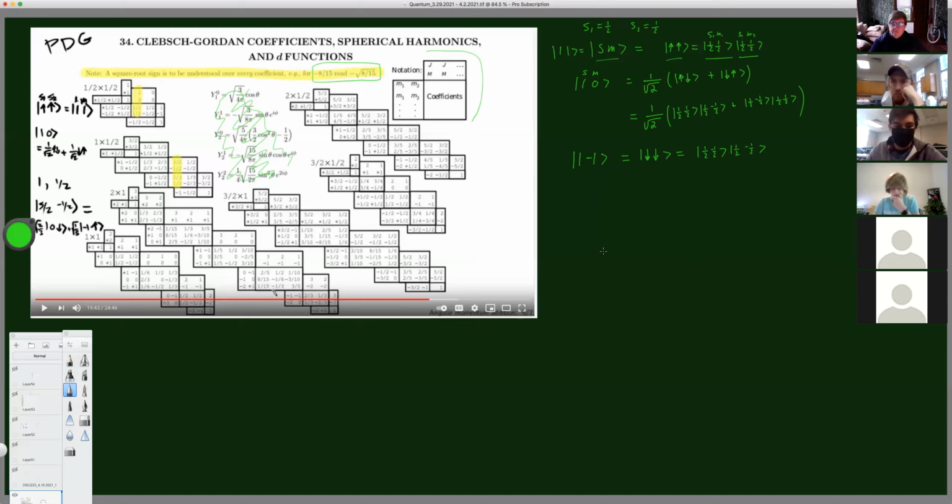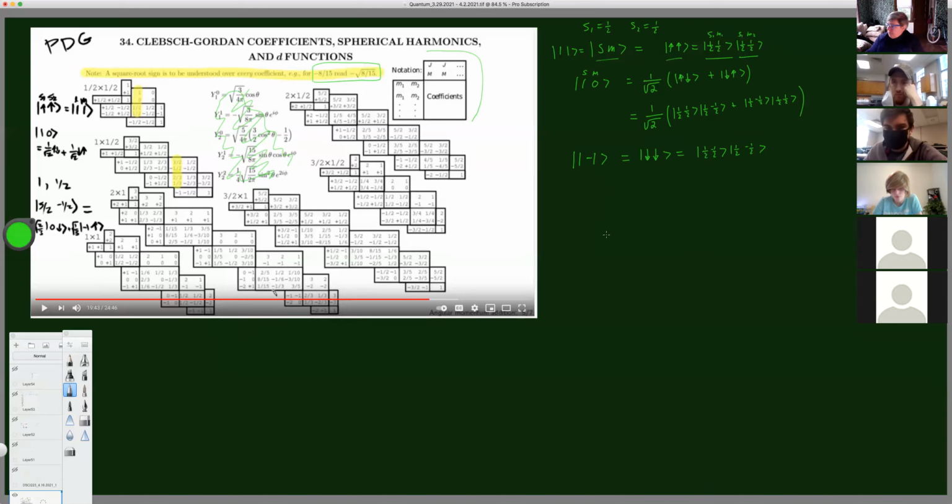One more question. Okay, I understand how to get the M values. But how exactly, because I understand that S1 and S2 add up to get S, which in this case would be 1. But how is it always an even split? What do you mean?